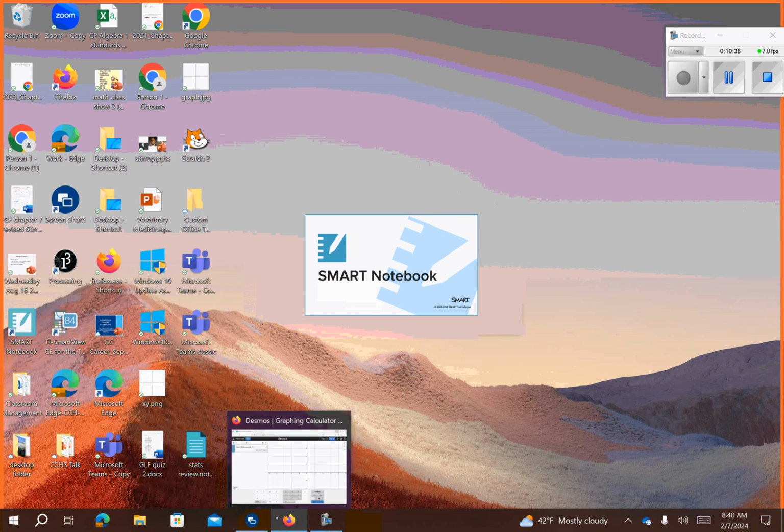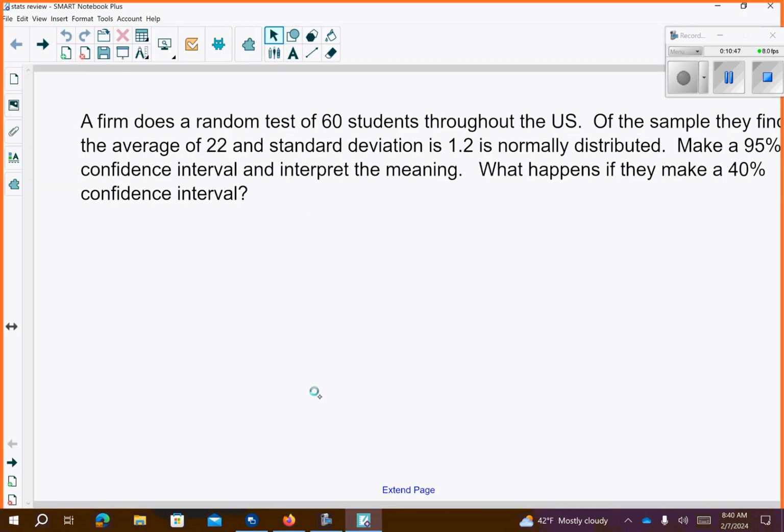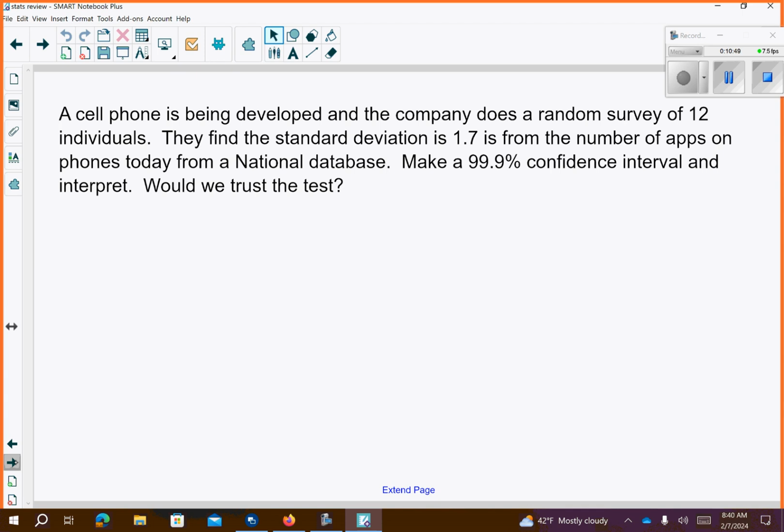All right, so my next problem I want to look at. The next problem says, a cell phone is being developed and a company does a random survey of 12 individuals. They find the standard deviation of 1.7 for the number of apps on phones today from a national database. Okay?